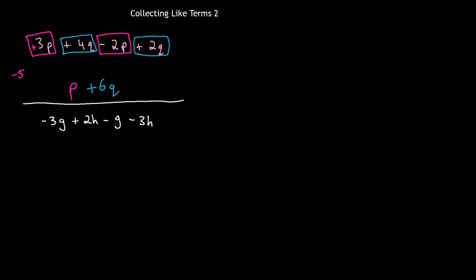Again, first things first, we have to circle or box round the like terms. So here we've got a negative 3g, and we've got a negative g here.